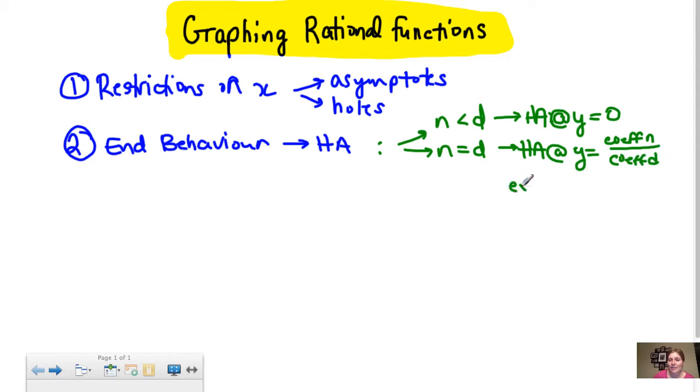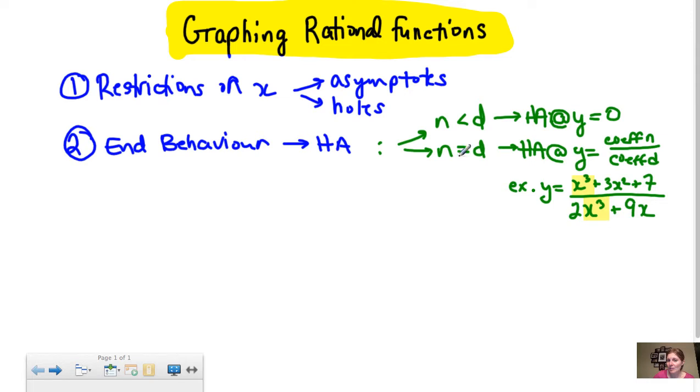So for example, in this case, if I had the function y is equal to x cubed plus 3x squared plus 7, and I'm dividing that by 2x cubed plus 9x, something like that, notice that both the numerator and the denominator are of degree 3.